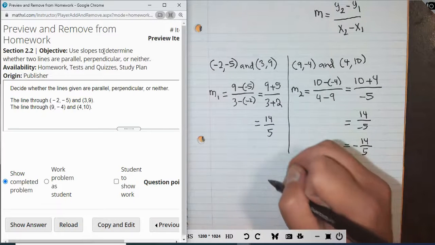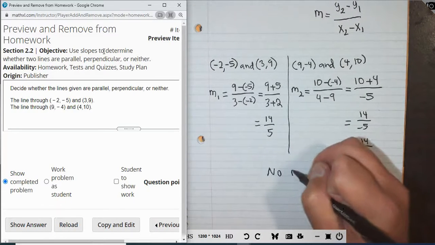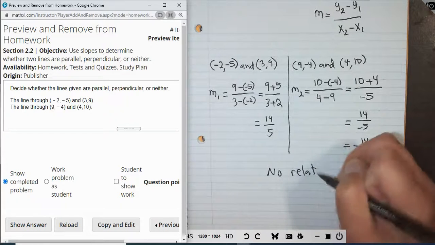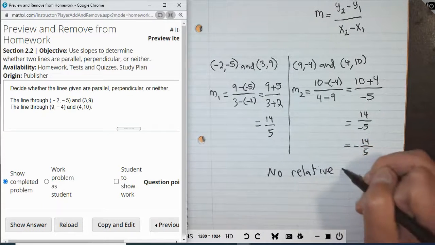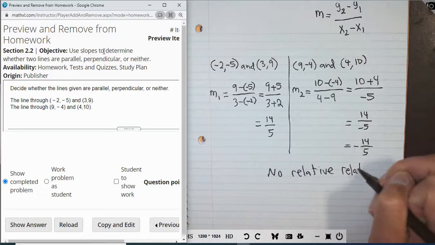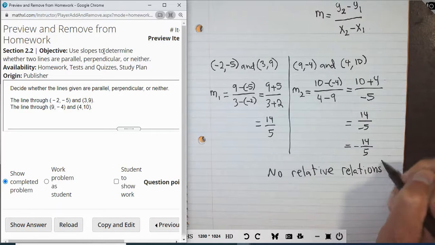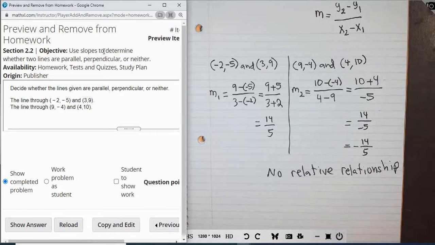So what we can say here is there is no relationship. Well, there is a relationship. They are opposites of one another, but that doesn't determine parallel, perpendicular, or neither.